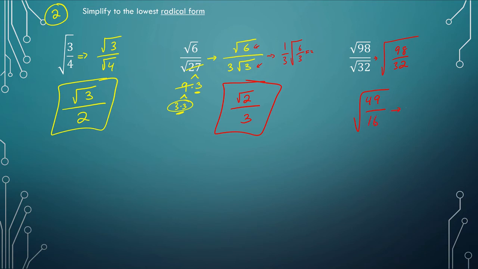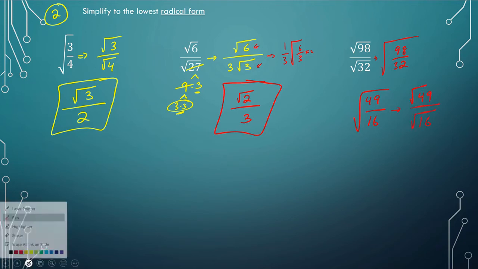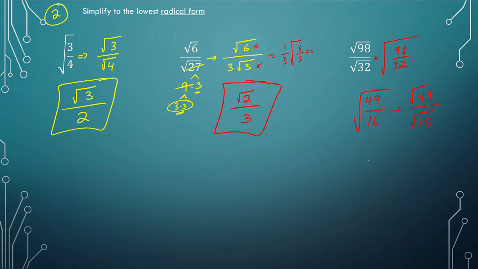Now if we were to break this down, we can take the square root of 49 over the square root of 16, which are both perfect squares. And so the square root of 49 is 7, and the square root of 16 is 4. And so that's my simplified version of that.